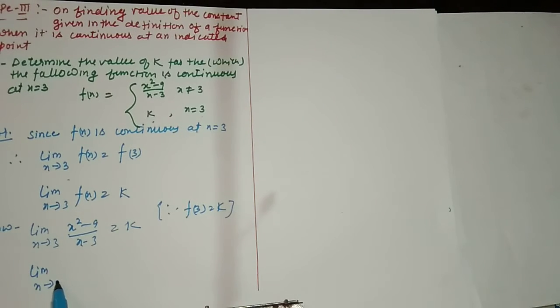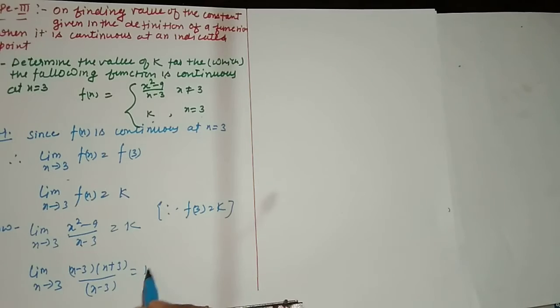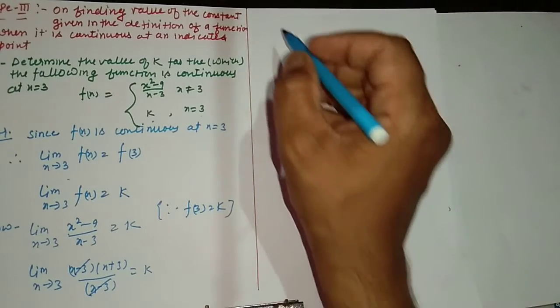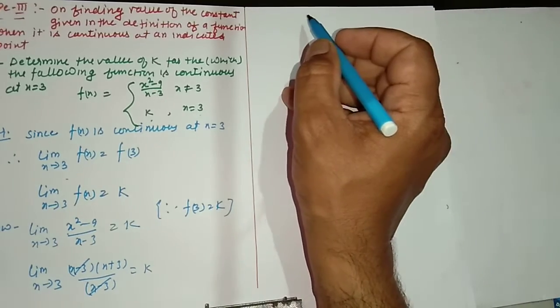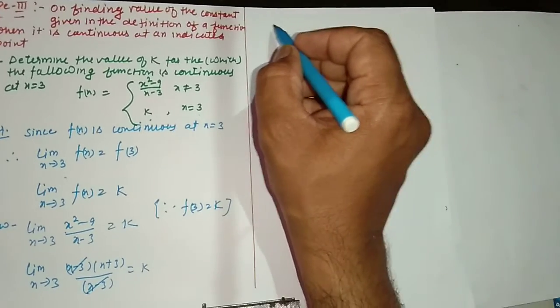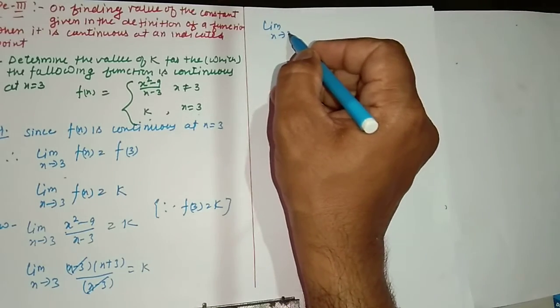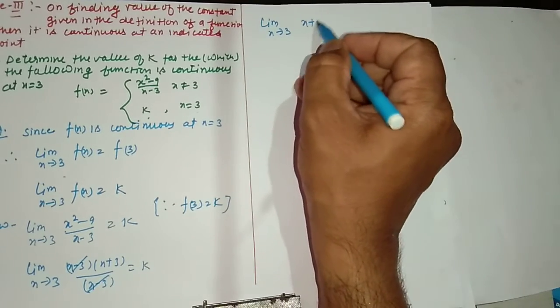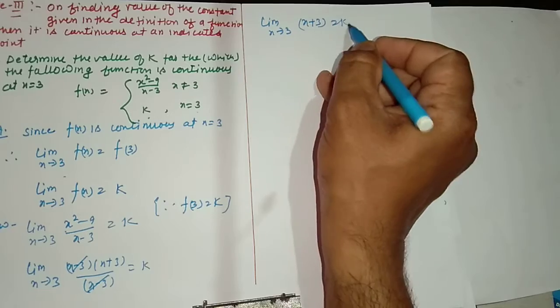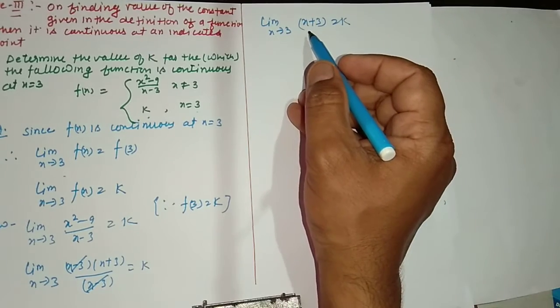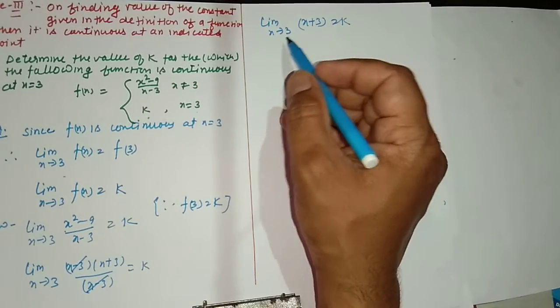Limit x tends to 3 (x minus 3)(x plus 3) upon (x minus 3) is equal to k, so it cancels out. Now limit x tends to 3 of (x plus 3) is equal to k, and we can put x is equal to 3 directly.